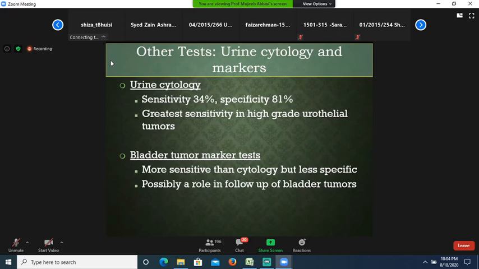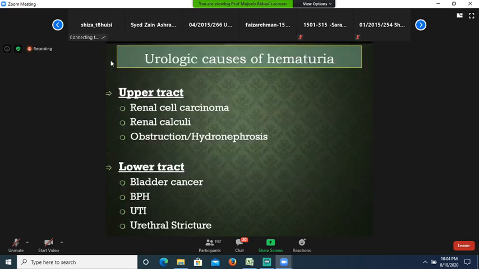Okay, so we'll see. Now, urological causes of hematuria in the upper tract would be, as we discussed earlier, renal cell carcinoma, renal calculi, obstruction, hydronephrosis. Lower tract would be bladder cancer, benign prostatic hypertrophy, infection like cystitis, or urethral stricture.